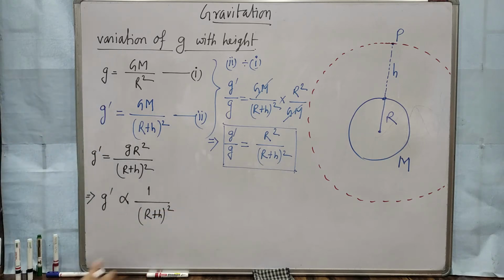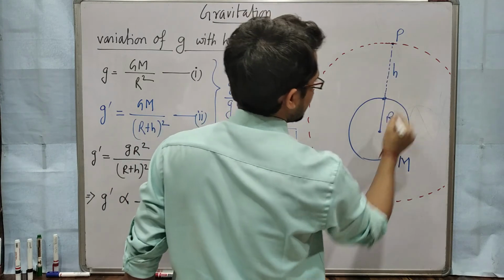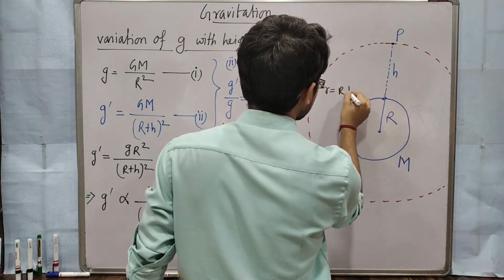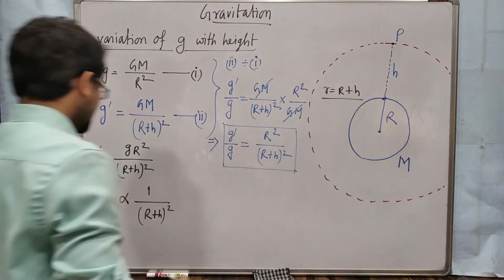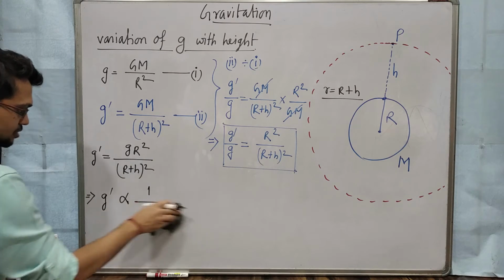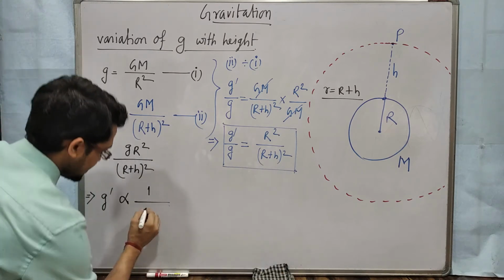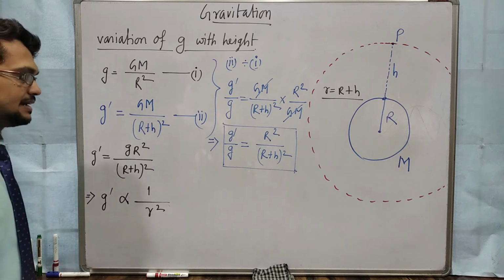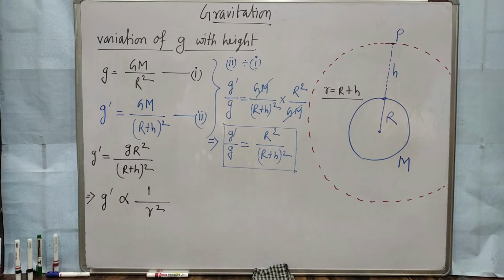If we denote R plus h by suppose r, then we get g prime directly proportional to 1 by r square. Clear. Now we will see its graph.